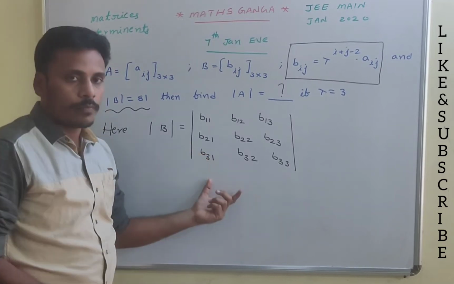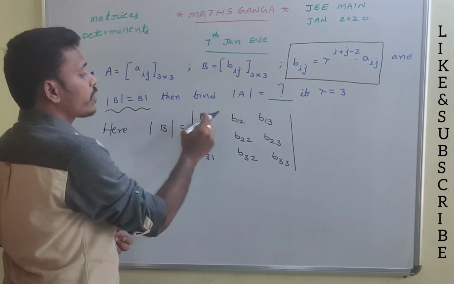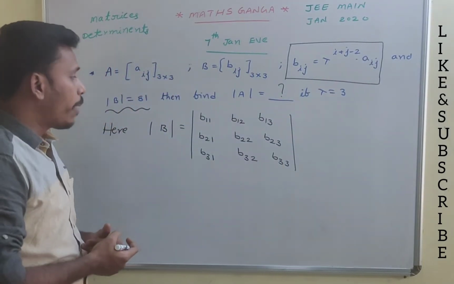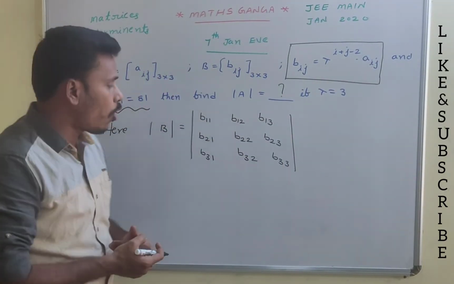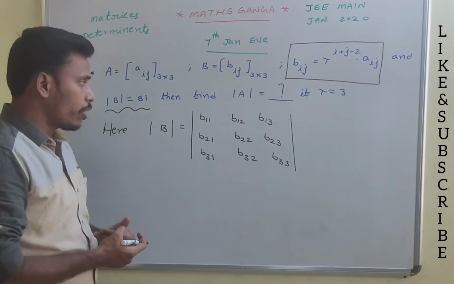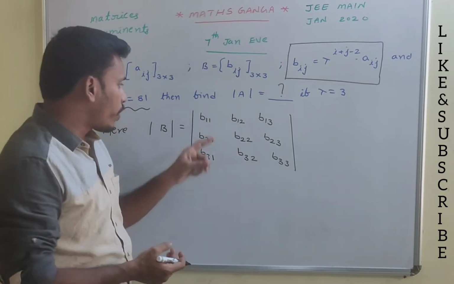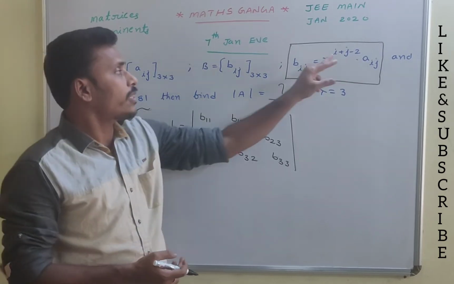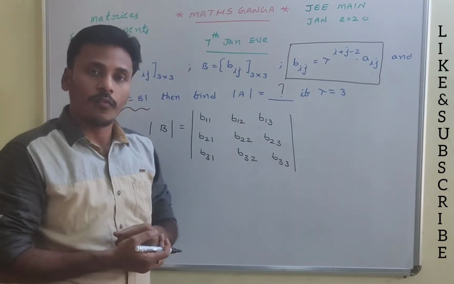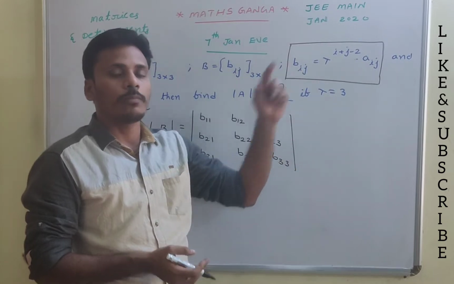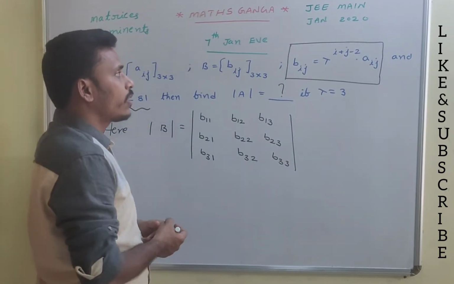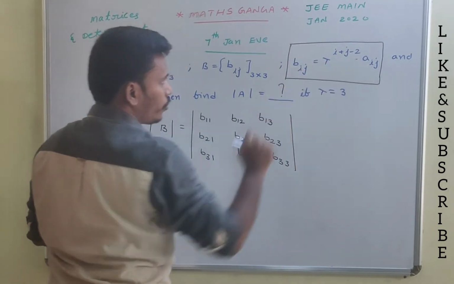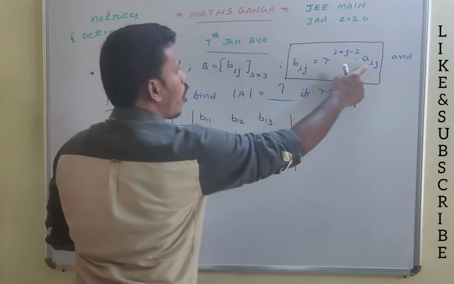So in the determinant of B, you need to replace each Bij with this definition. What is the definition? Lambda power i plus j minus 2 of Aij. To generate B11, replace i and j with 1 and 1. Lambda is already 3, so replace lambda with 3. So 3 power 1 plus 1 is 2, minus 2 is 0, so 3 power 0 of A11.